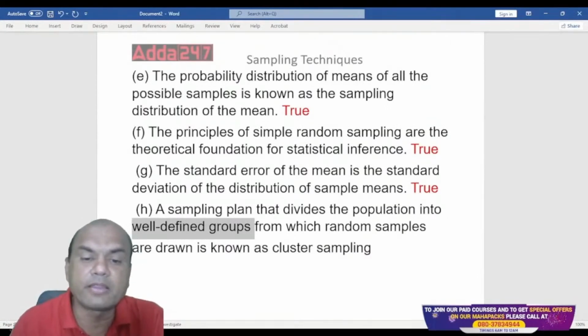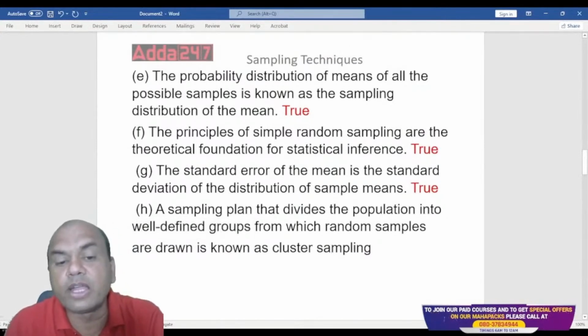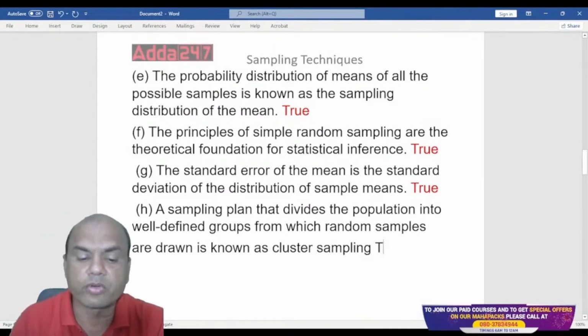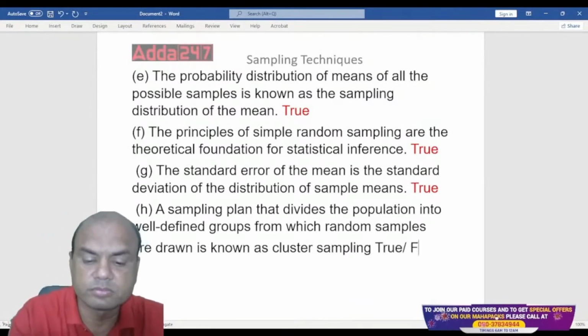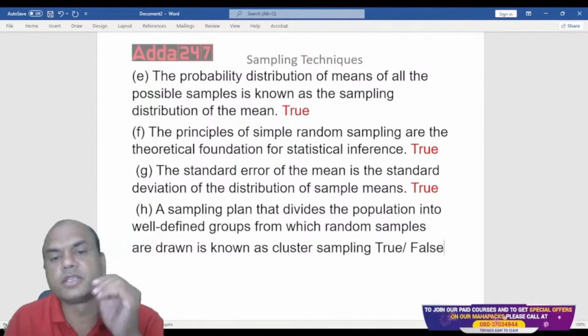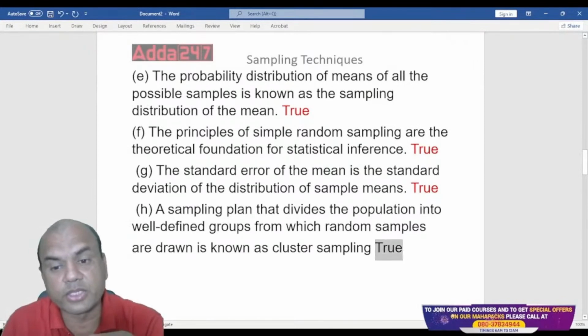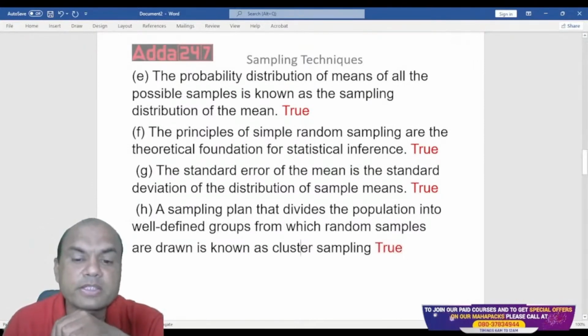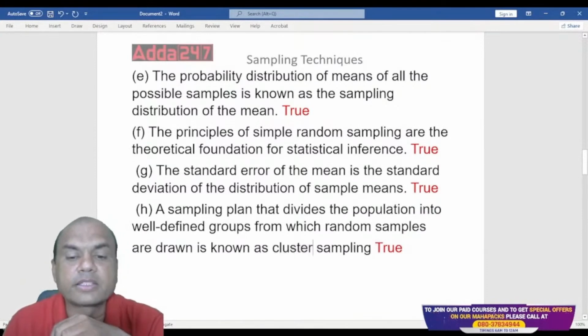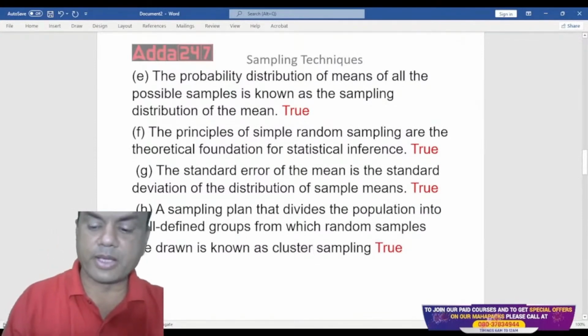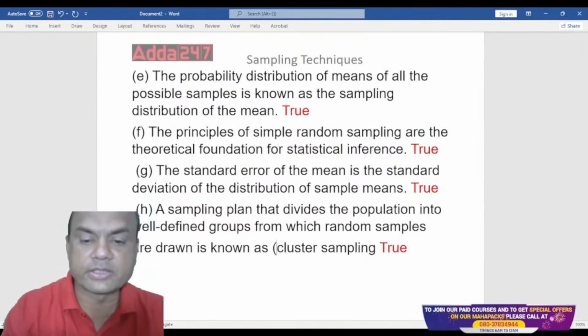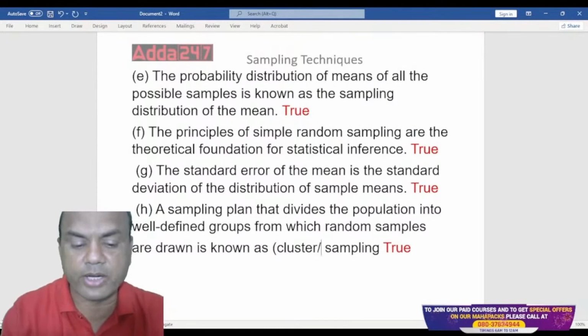So is it true or false? It is true. I'll tell you one point here: even if the answer had been stratified instead of cluster, let me give you three or four options.